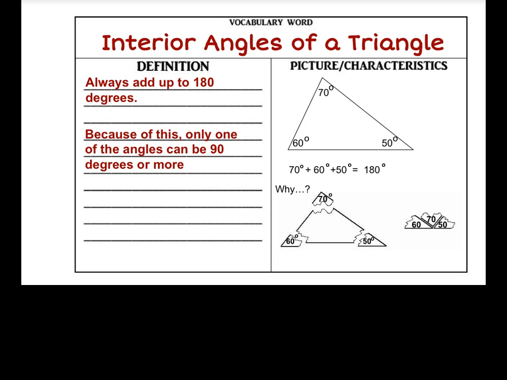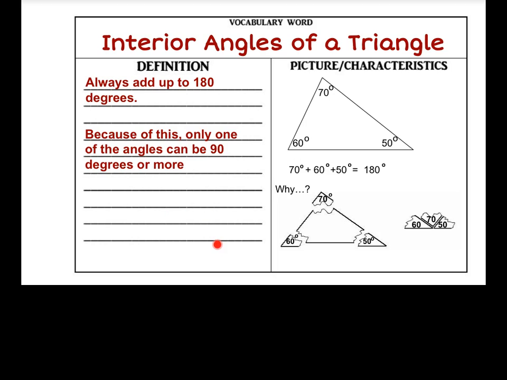The other thing you have to keep an eye out for is that whenever you have a triangle, the angles add up to 180. And because of this, only one of the angles can be 90 degrees or more. So for example, if you have a right triangle, we already know that one of the angles is 90 degrees, so it can't have another angle that is more than 90.